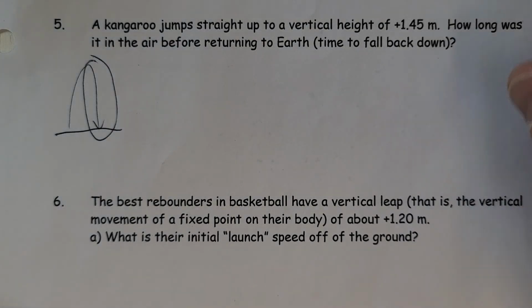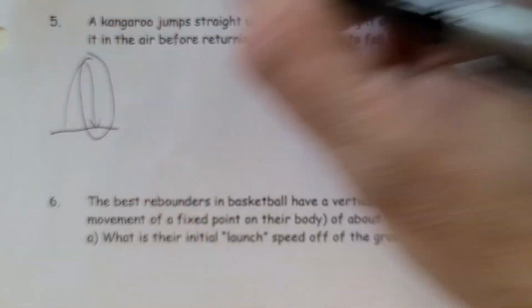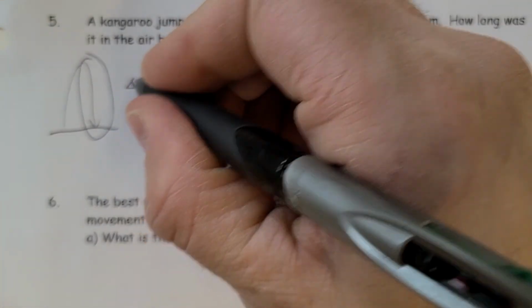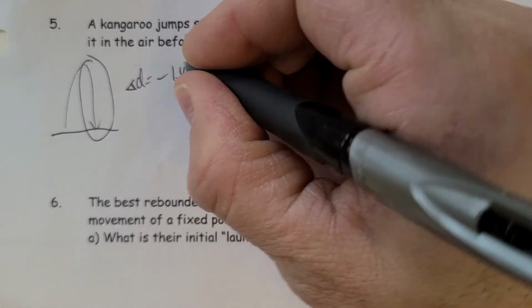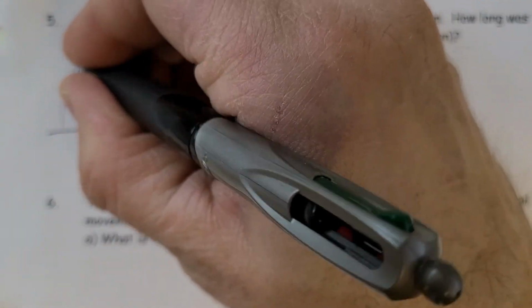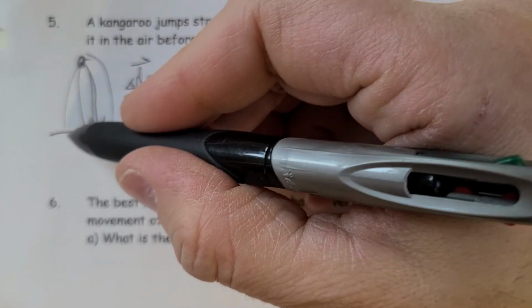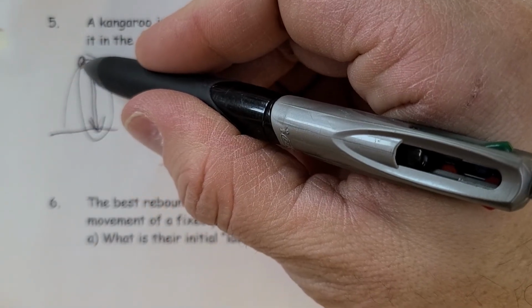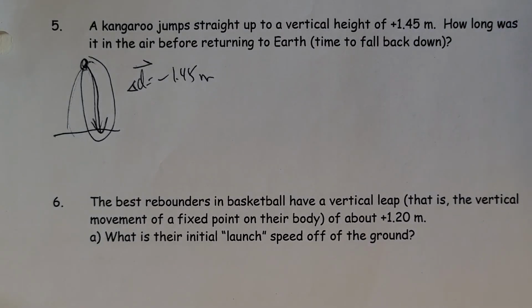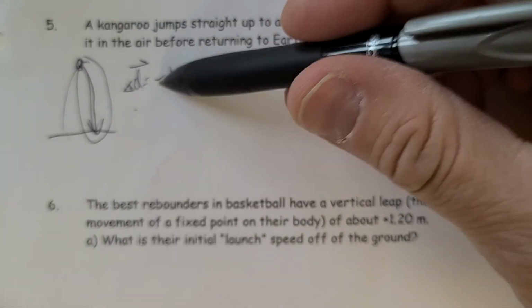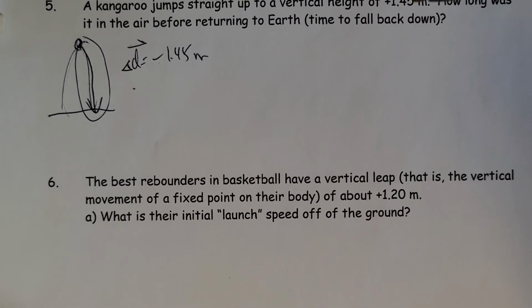He jumps up in the air, then from that 1.45 meters, delta D falling down will be negative 1.45 if we're assuming the kangaroo is here and falling downwards. If it went up plus 1.45, it's going to be falling down at negative 1.45. And so we're looking for that time period in which we're falling down.